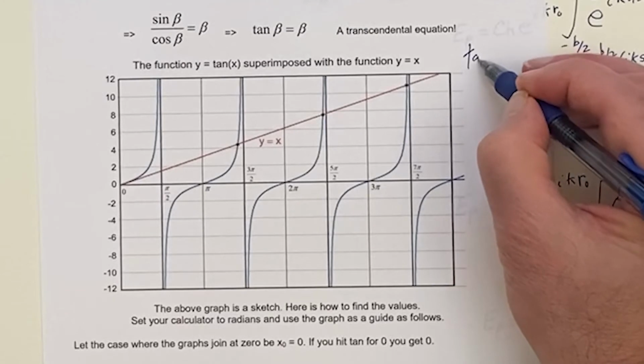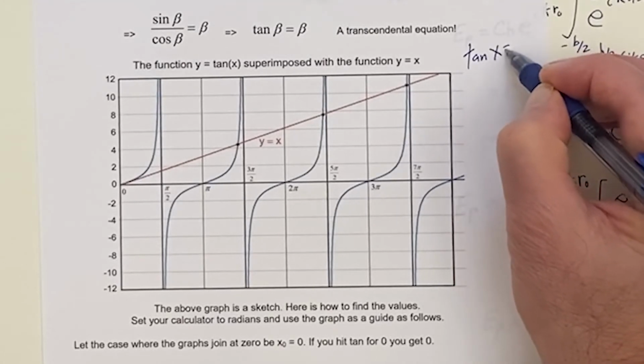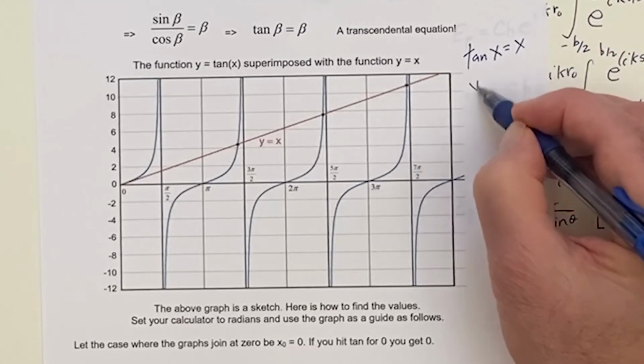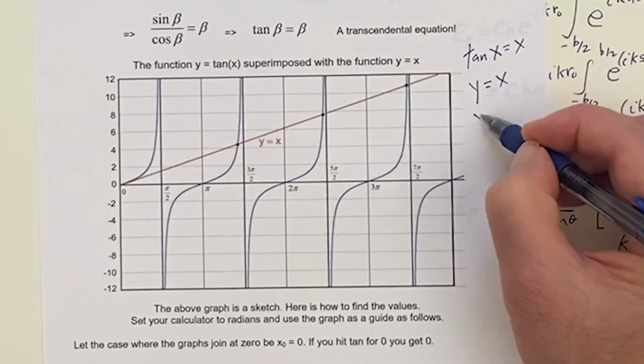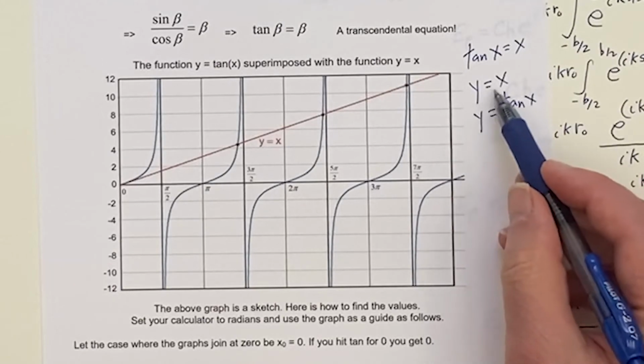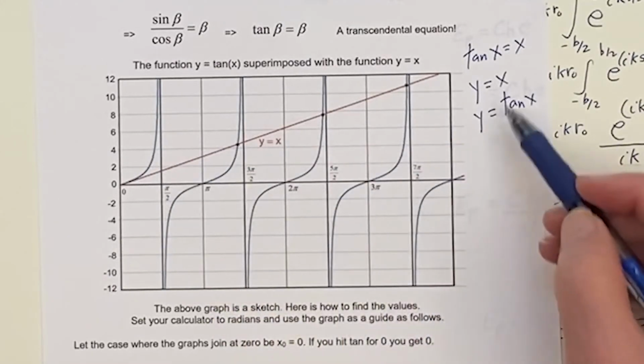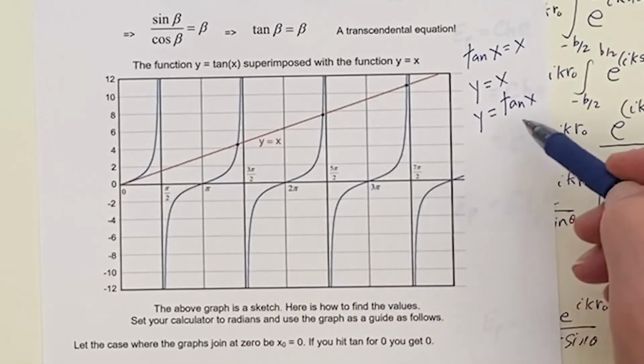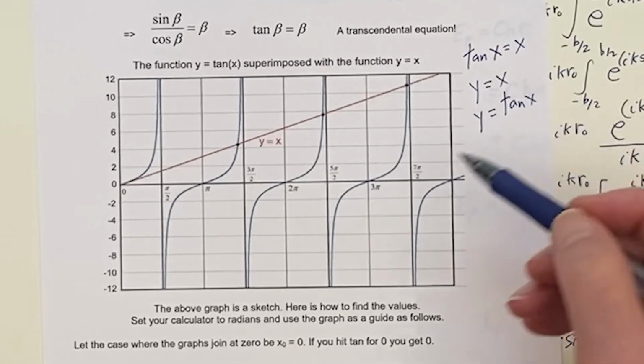Just say tangent of x equals x. Then you have the equation y equals x and y equals tangent of x. And if you graph both of those, where they intersect are the solutions, the points for the solution.